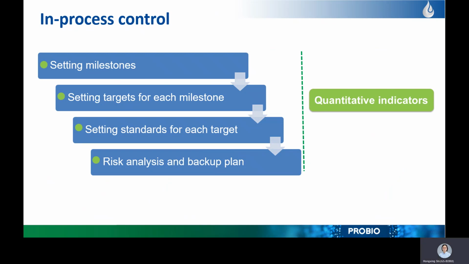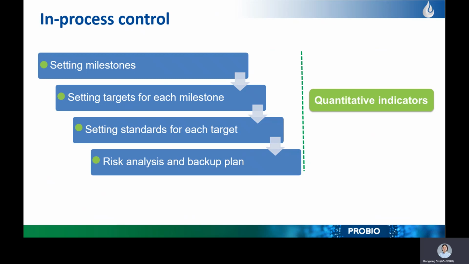The in-process control is to set up different stages for the entire process, which is based on technical considerations and is convenient for drawing conclusions and making plans. The second step is to set goals for each stage, that is, set the goals of the cell line module based on the overall target product attributes. For example, the desired expression level is 3 grams per liter.